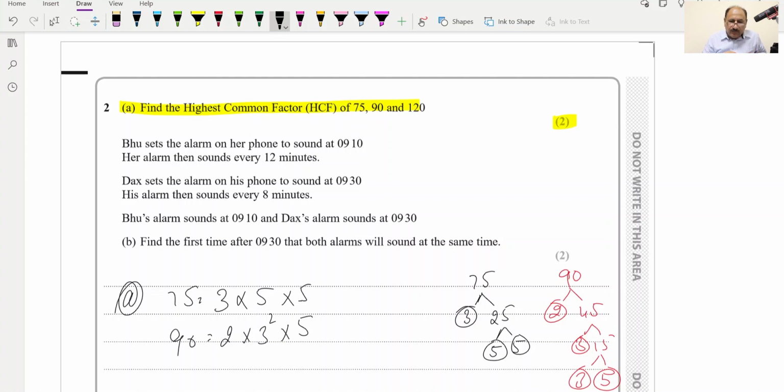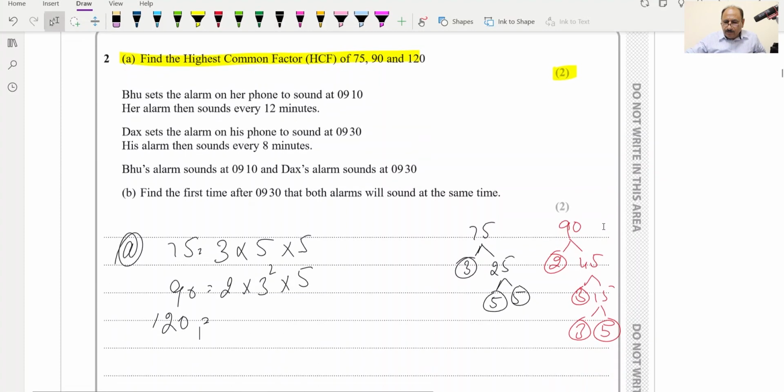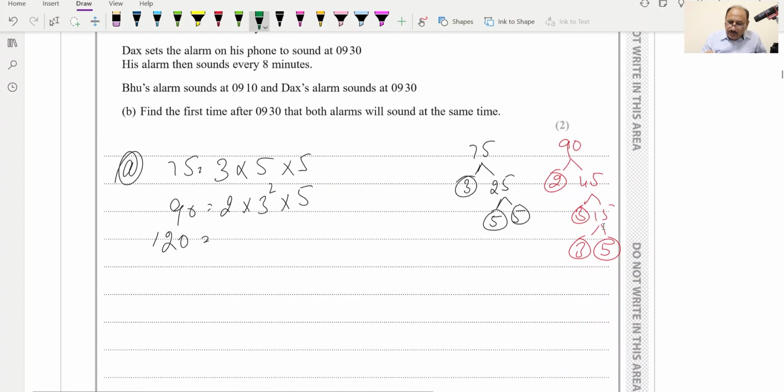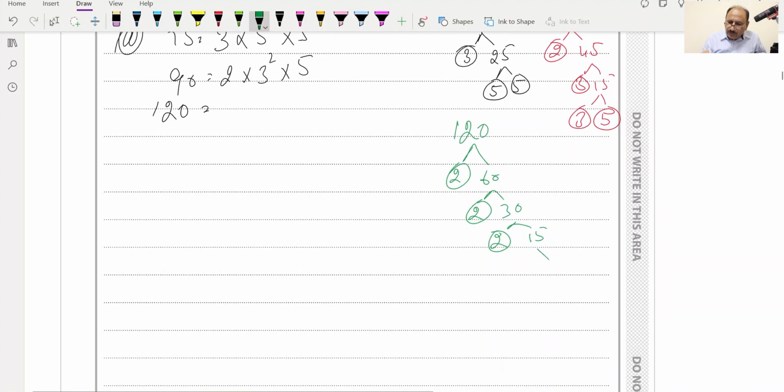The next number is 120, so we can write prime factors of 120. 2 into 60, 2 into 30, then 2 into 15, and then 3 into 5. So 2 raised to the power 3 into 3 into 5.